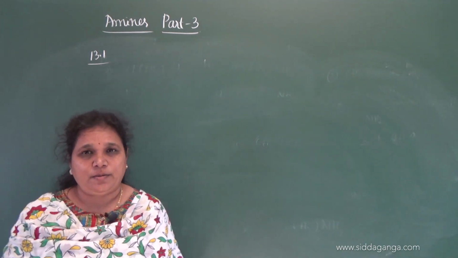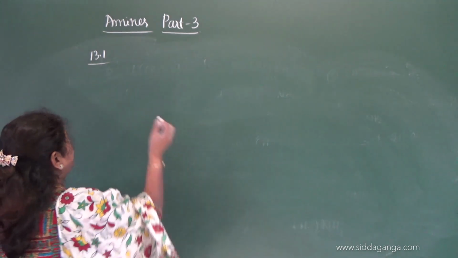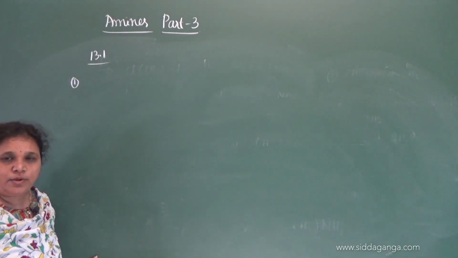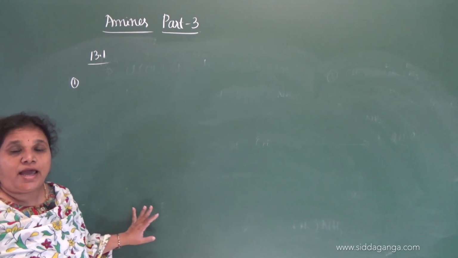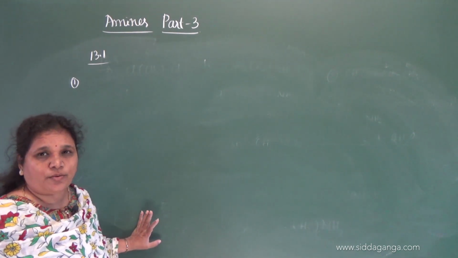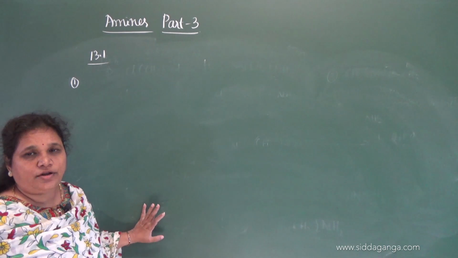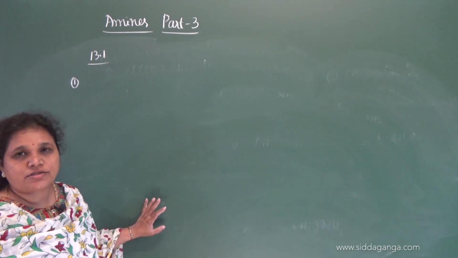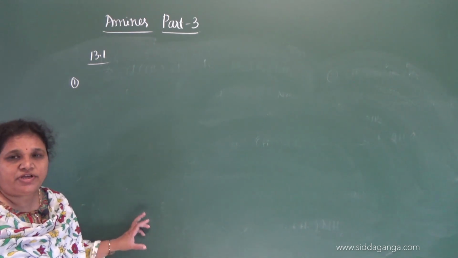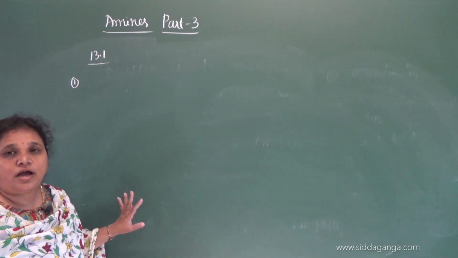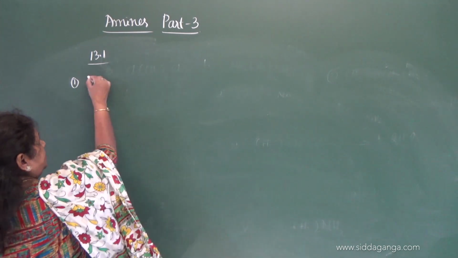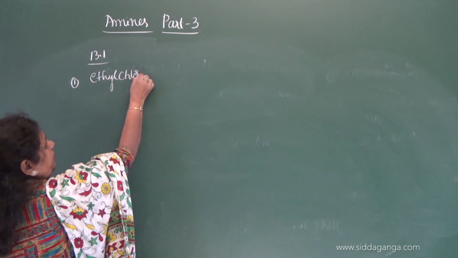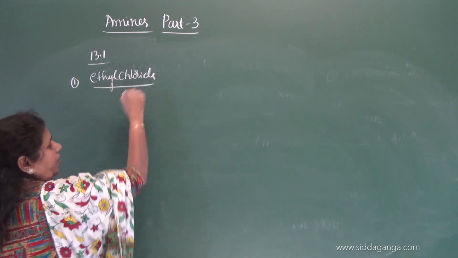The first question is, you need to write the chemical equation for the reaction between ethyl chloride and alcoholic ammonia.